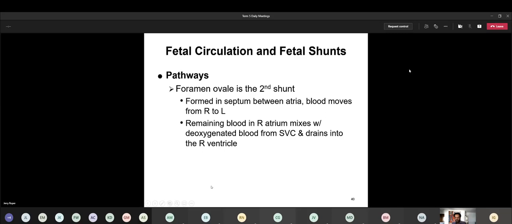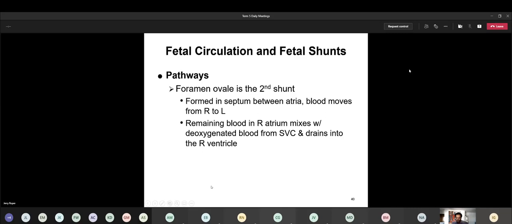So we have to have that foramen ovale to get the blood quickly over to the left side of the system. It's kind of like pretending that the blood did go to the lungs and did receive oxygen, and now it's heading back to the left side of the system. So we're just going to bypass all of that, really.